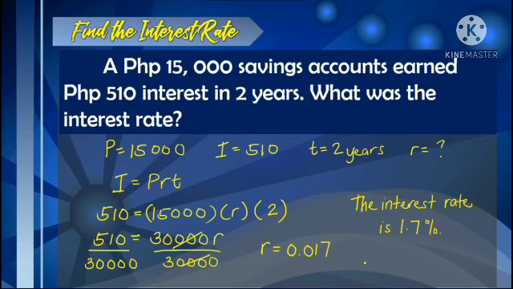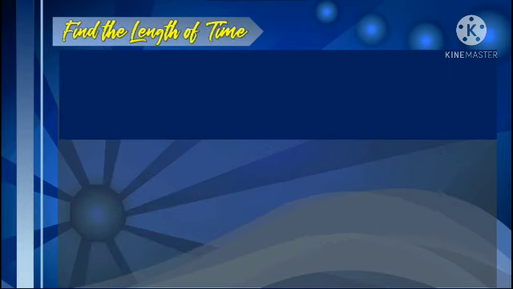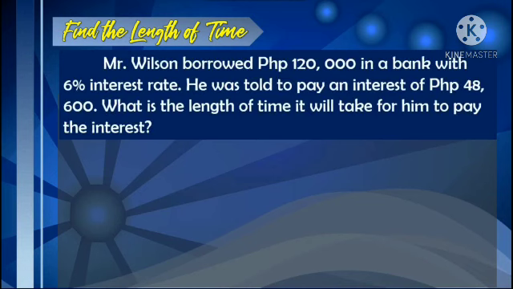Okay, for the third example, find the length of time. Mr. Wilson borrowed 120,000 pesos in a bank with a 6% interest rate. He was told to pay an interest of 48,600 pesos. What is the length of time it will take for him to pay the interest?